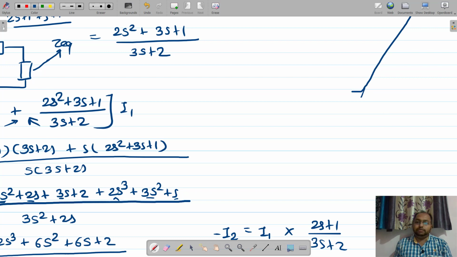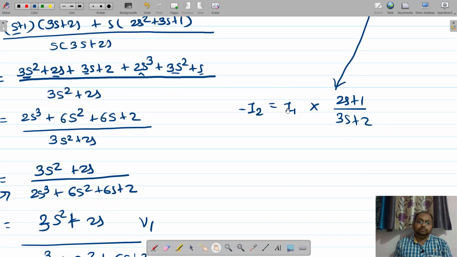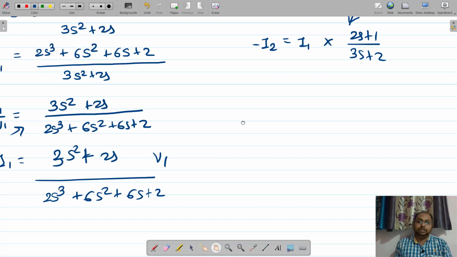So what is I1? I1 is nothing but this one.